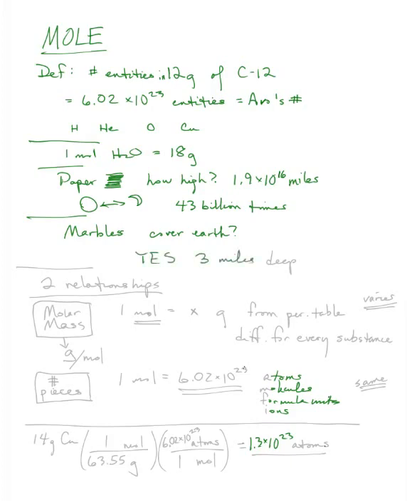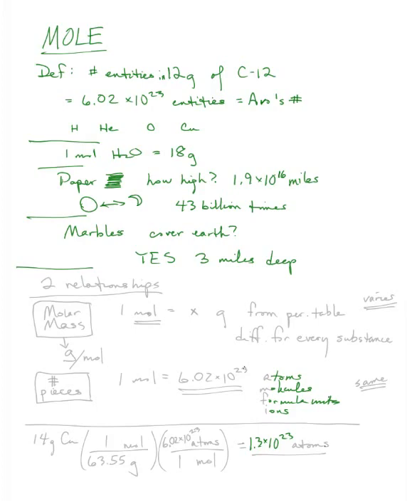I can't even imagine 3 miles deep of marbles in one spot, much less over the entire Earth. So that's quite impressive. Those are estimates, of course, but it gives us the idea that that number of water molecules can fit in my hand. These are pretty small little guys.